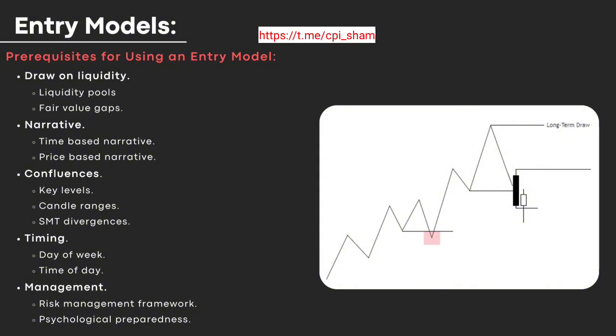The final prerequisite is having a clear plan for managing your trade both technically and psychologically. And this is what keeps you grounded and consistent in the long run. Inside the risk management framework, we have to know our stop loss level, our position size, and our risk per trade for each account type.